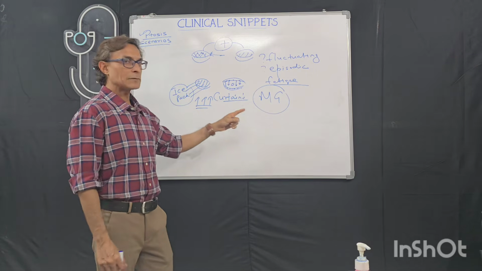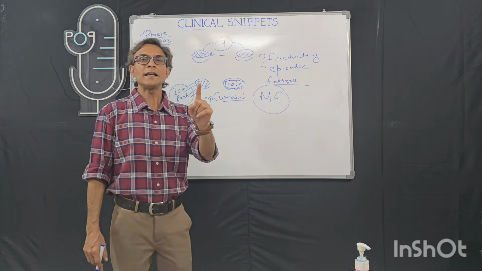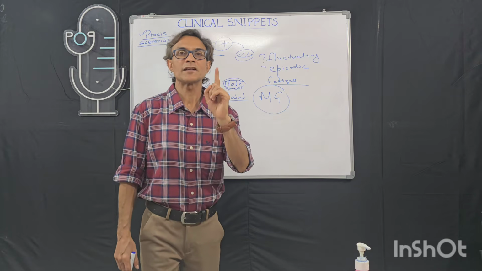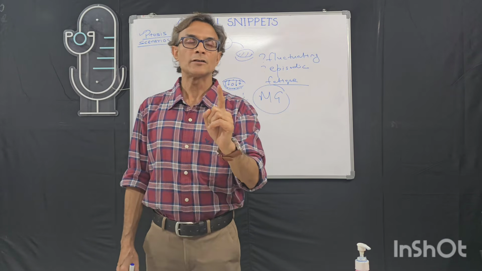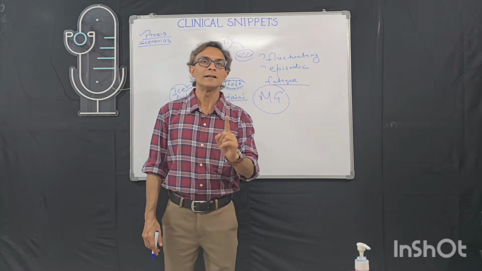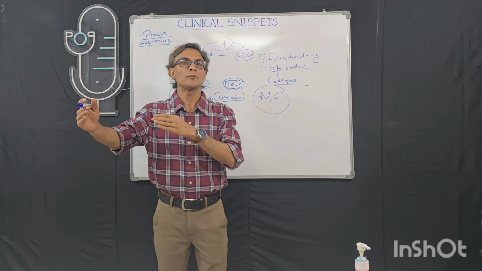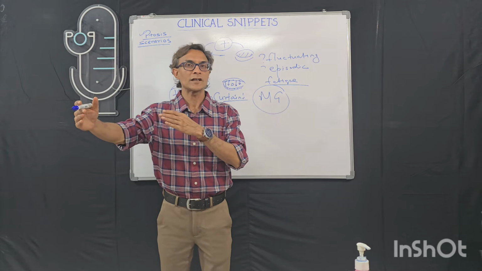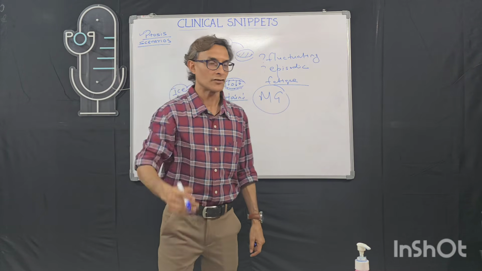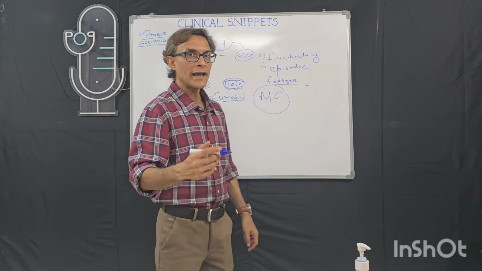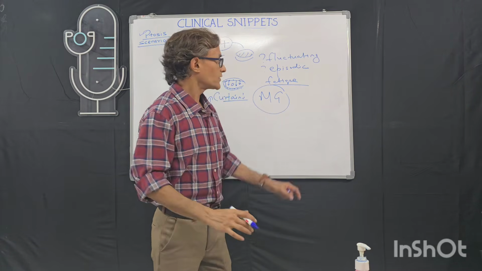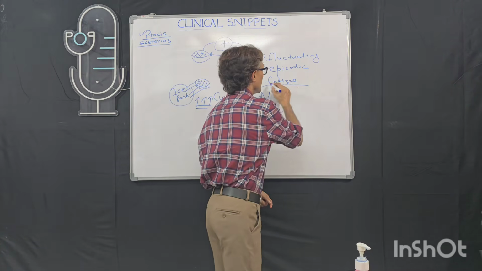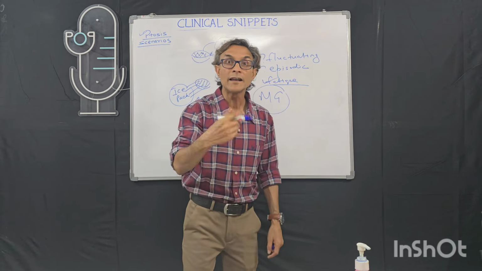Because ice pack temporarily inhibits the cholinesterase enzyme. So when the cholinesterase enzyme is inhibited, there is increased acetylcholine in the post-junctional membrane, neuromuscular junction, and improvement of ptosis.